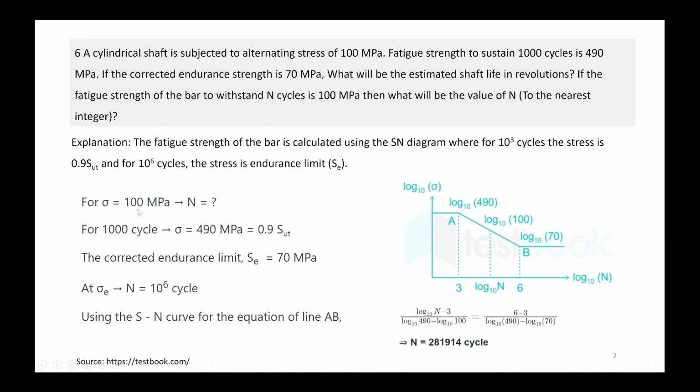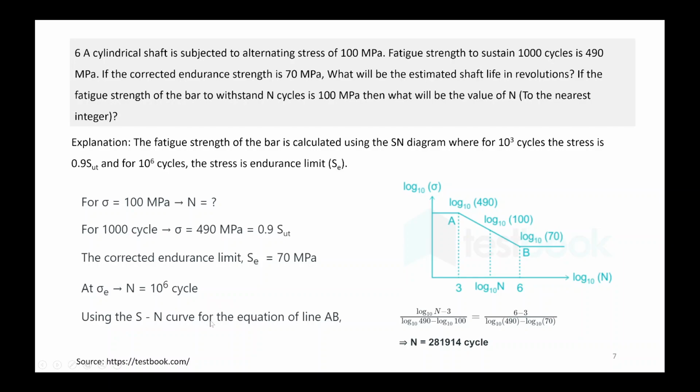Now for sigma equal to 100 MPa, we can find the number of cycles n. For 1000 cycles, 490 MPa stress is given, which is 0.9 times the SUT, and the corrected endurance limit is given as 70 MPa, sigma E, which is for 10 to the power 6 cycles.